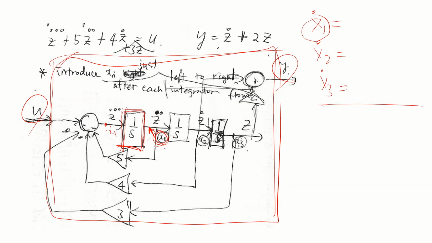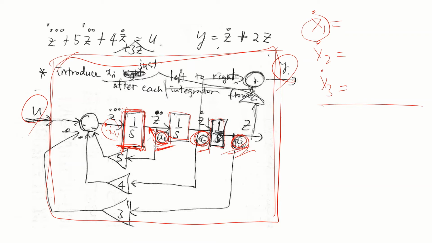So you just define this variable right after this integrator, and so the variable just before this integrator must be x1 dot. Okay, and then now you introduce x2 here again right after the second integrator, and x3 will be here, right after this third integrator. So you introduce x1, x2, x3 from left to right.